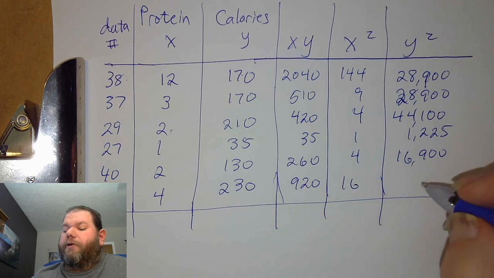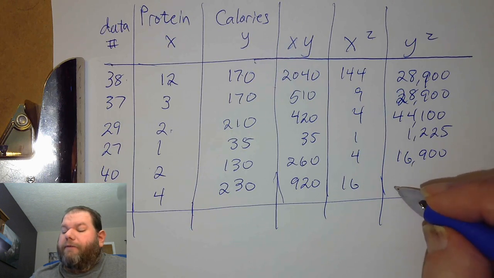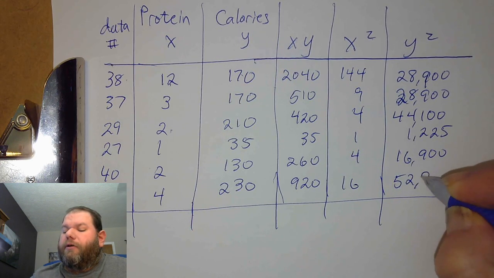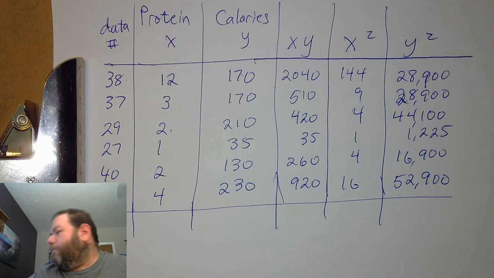And 230 squared, what is that, 52,900? Yes. Okay.